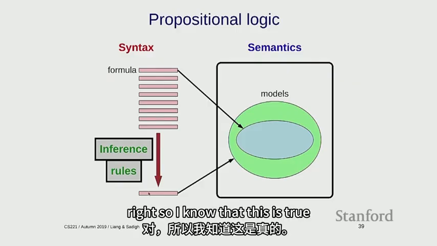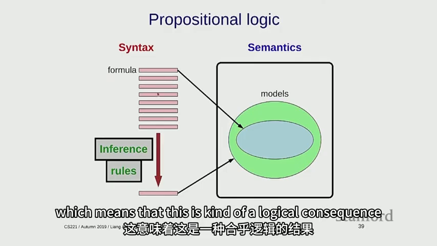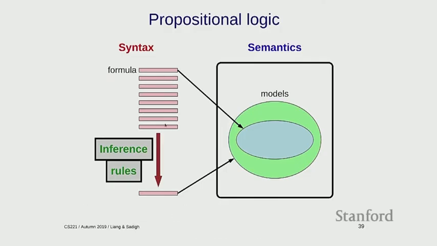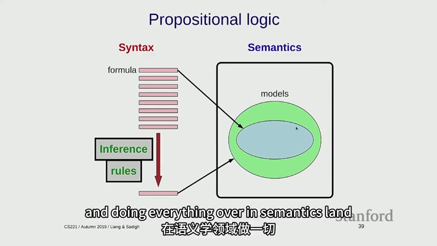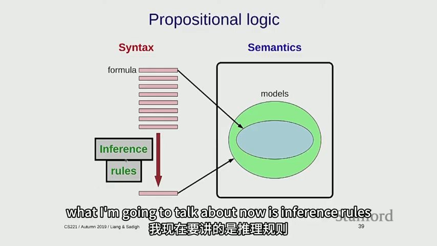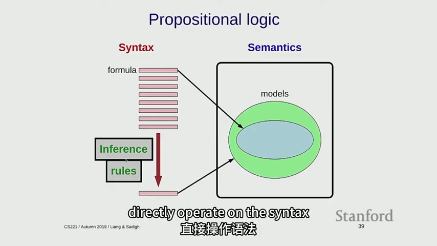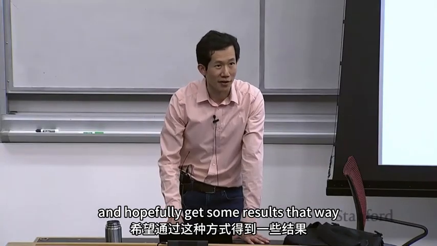So I know that this is true given my knowledge, which means that this is a logical consequence of what I know. So far what we've talked about is taking formulas and doing everything over in semantics land. What I'm going to talk about now is inference rules that allow us to directly operate on the syntax and hopefully get some results that way.